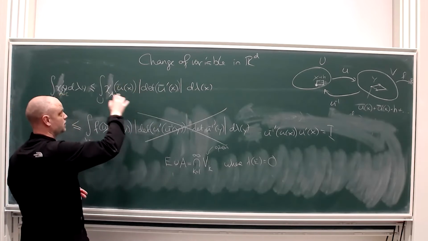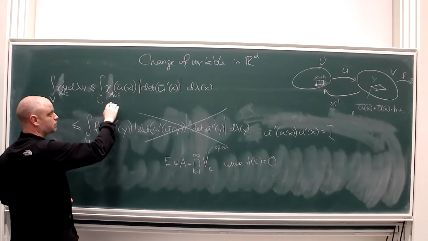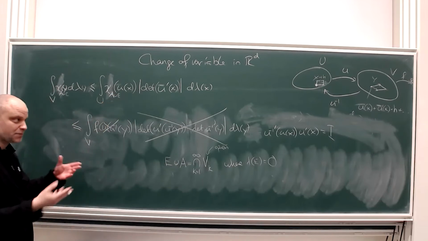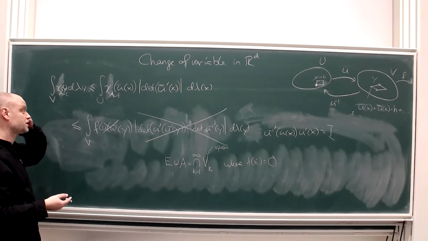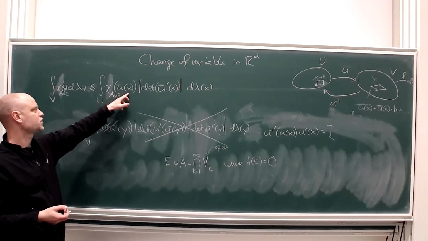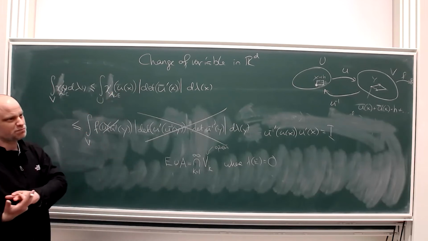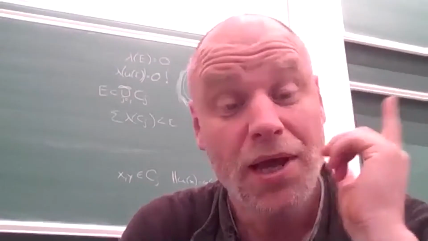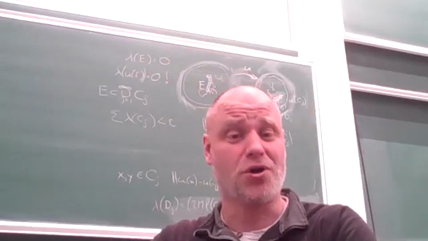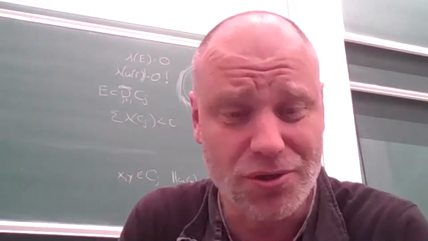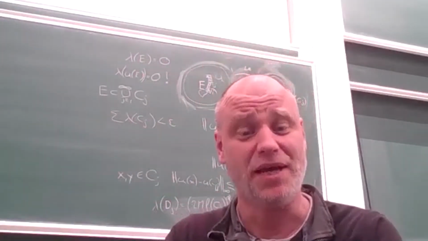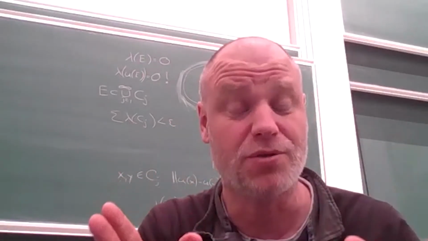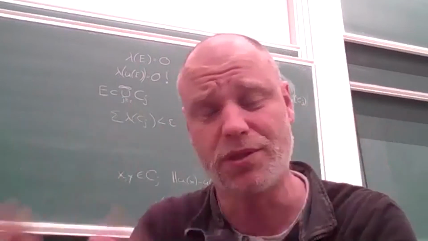But anyways, this and the guy that was here previously without the E, they are the same except on a set of measure 0. Well, maybe we need to then show that U pulls back sets of measure 0 to sets of measure 0. And that is precisely what I argued in the beginning of this lecture, one week later in my time, that it is true. So we can skip this technical point and at least 20 minutes of my mumbling and move on with the argument.